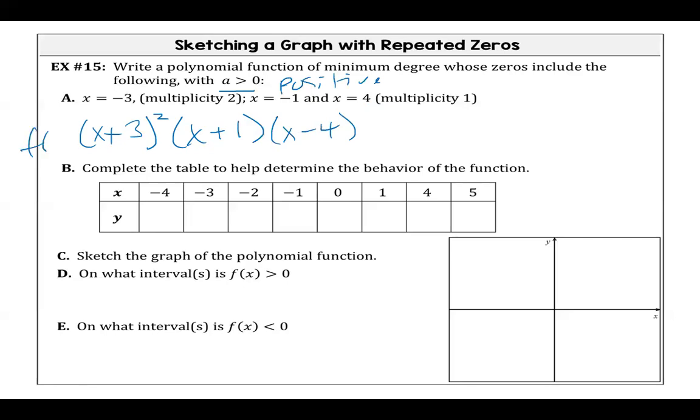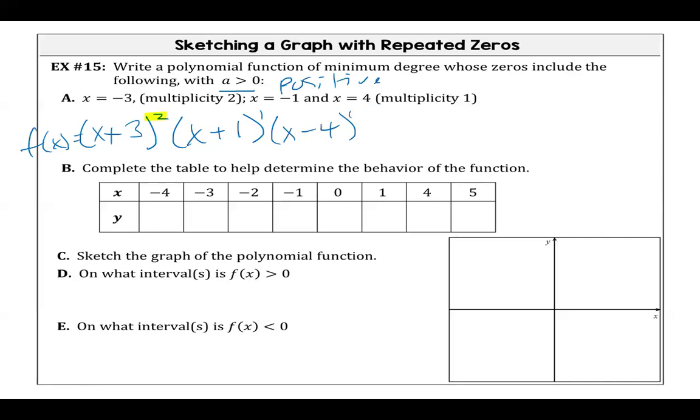So this is the f of x that we created. All right. It's a positive function of what degree? It's going to be what? So remember, your degree is based on adding all of your multiplicities together, right? There's an invisible 1 in front, Casper the Friendly One, so don't forget Casper.